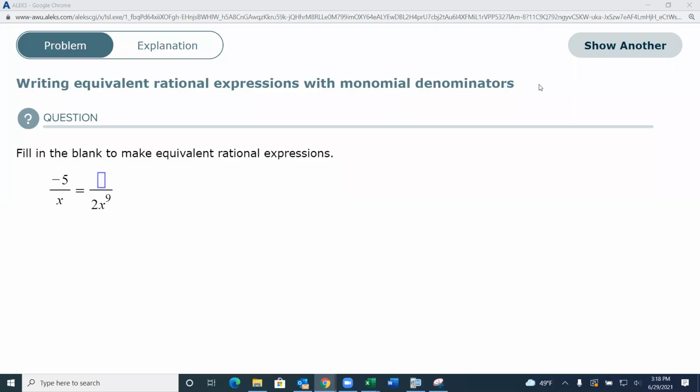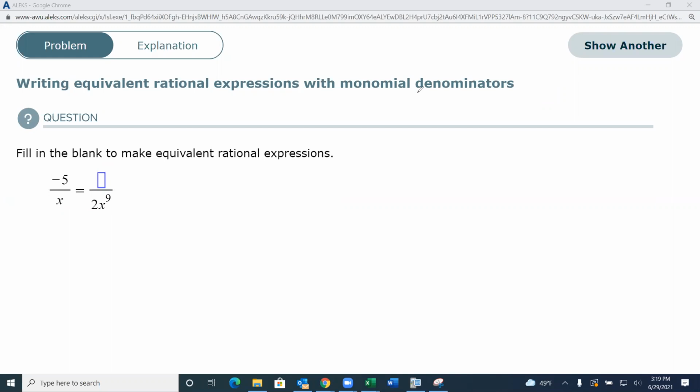So how about this one? What goes right there? I don't know, but I'll bet we can figure it out together. I know my denominator goes from x to 2x to the 9th. My numerator goes from -5 to who knows what, but I know what the denominators are.